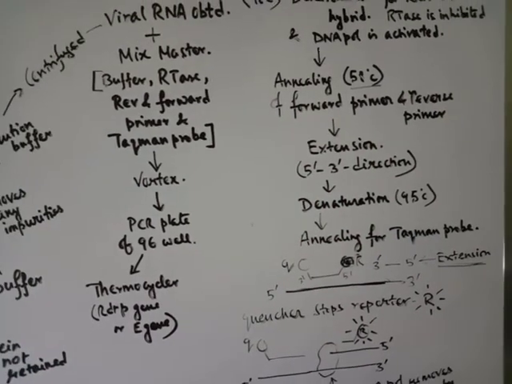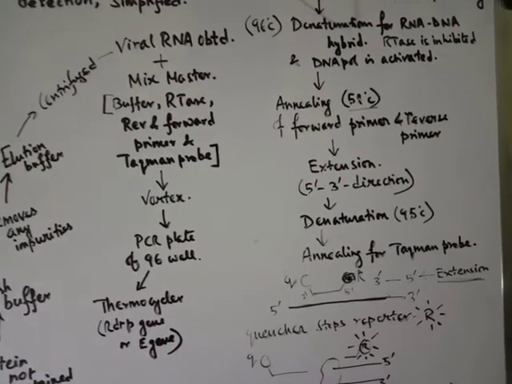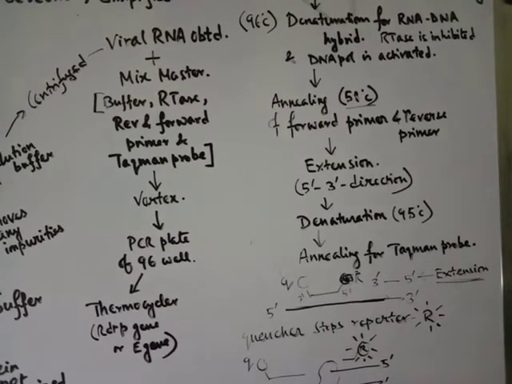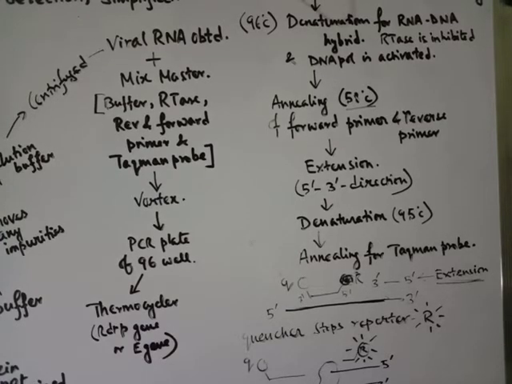So when this happens, we will see our first signal that this part is amplified and contains a specific genome sequence for the TaqMan probe. That is, a viral sample is essentially present.